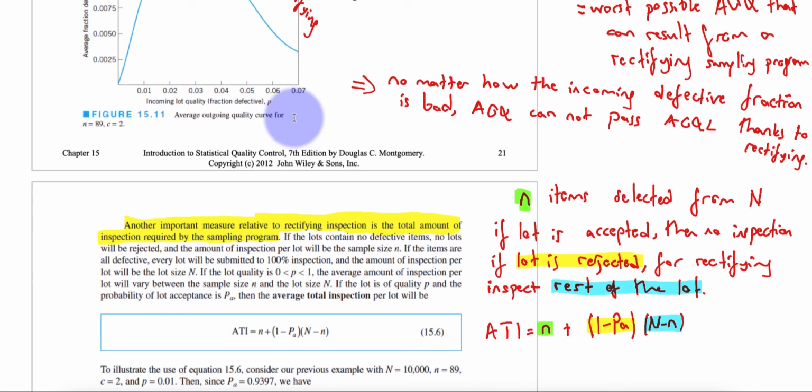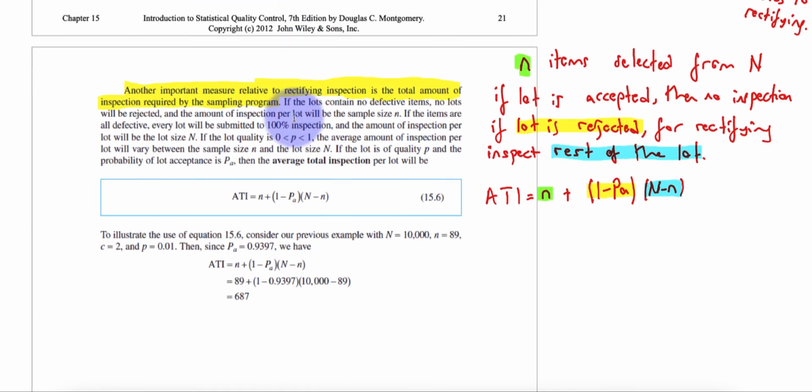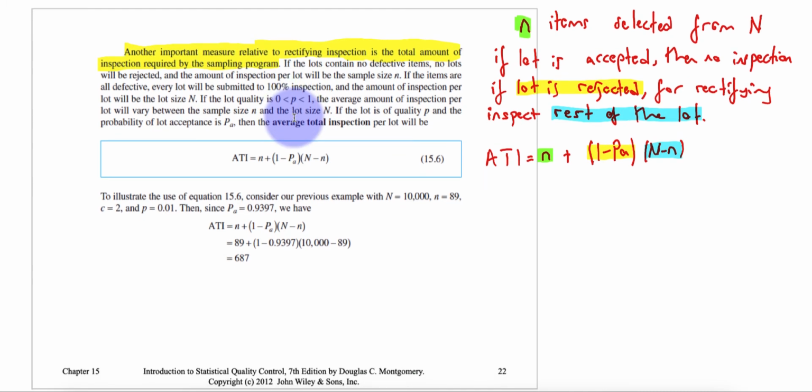But this rectifying program means we need to make more inspection. So we cannot rely on the average outgoing quality limit alone. We need to also calculate the average total inspection. We need to find a balance between the total inspection and the average outgoing quality. So let's calculate the average total inspection then.